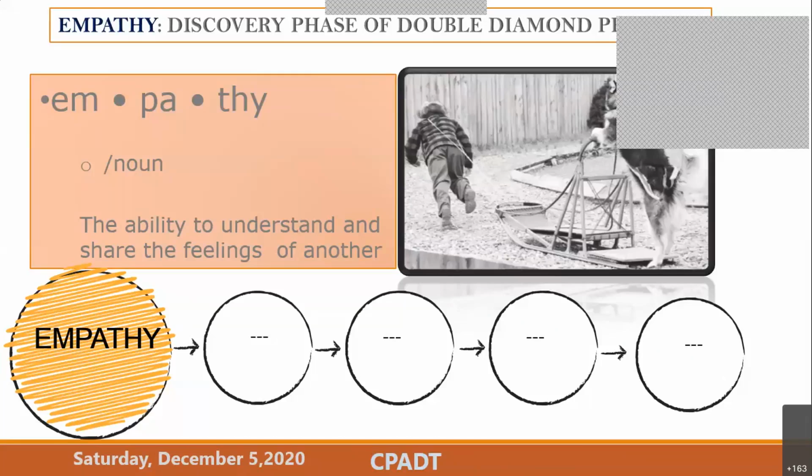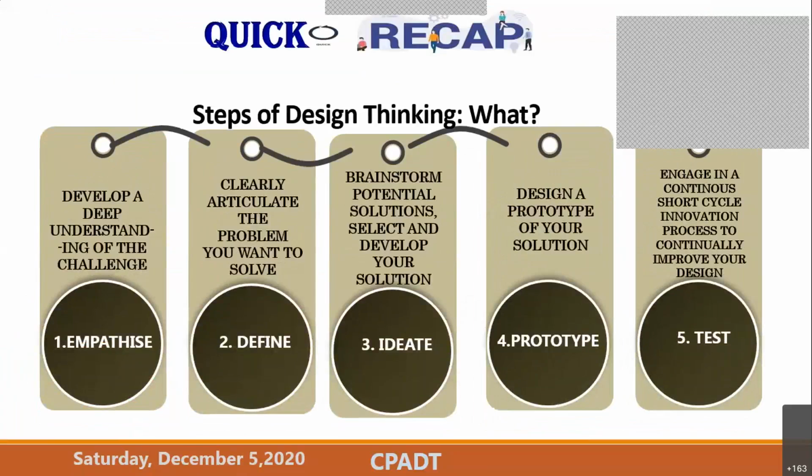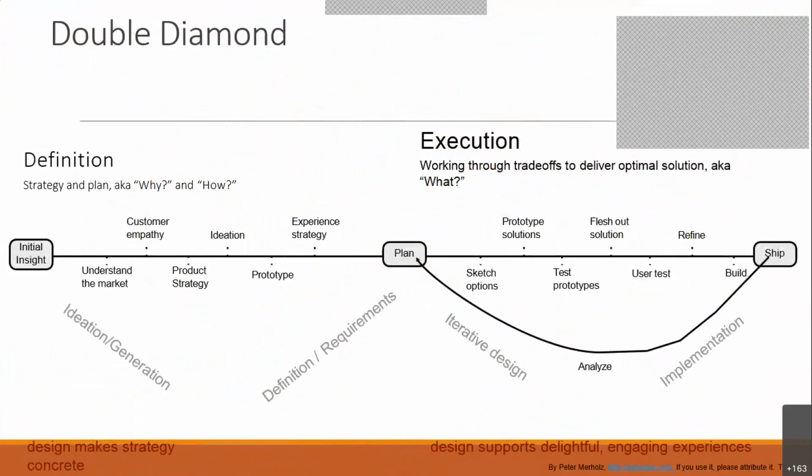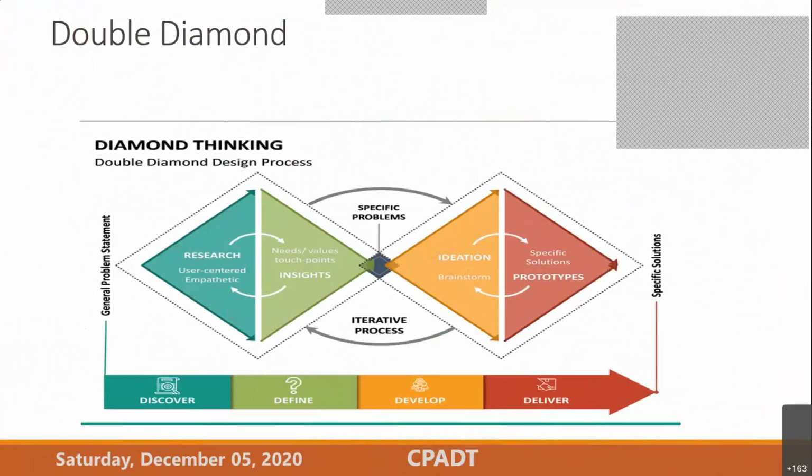So in the discovery phase, the first phase of your double diamond, wherein I said there are two phases in your double diamond, the first phase has two things, that is discover and define. The second phase has two things that you have already seen in your double diamond. What are they? Develop and deliver.